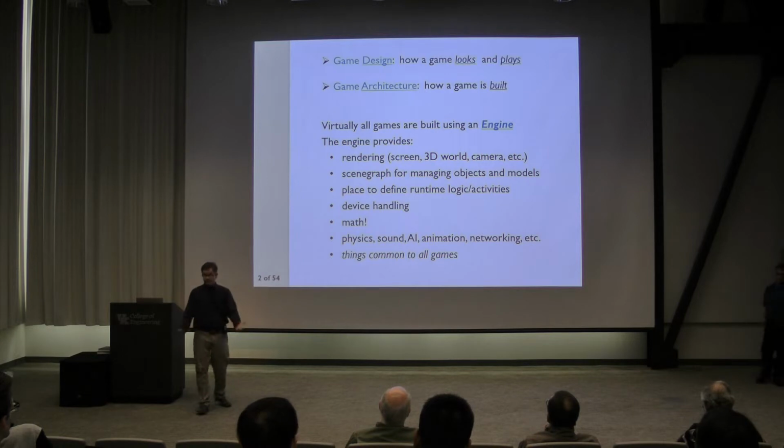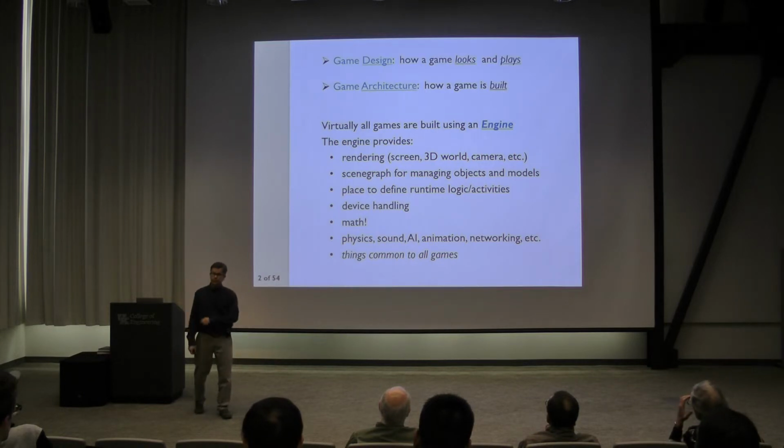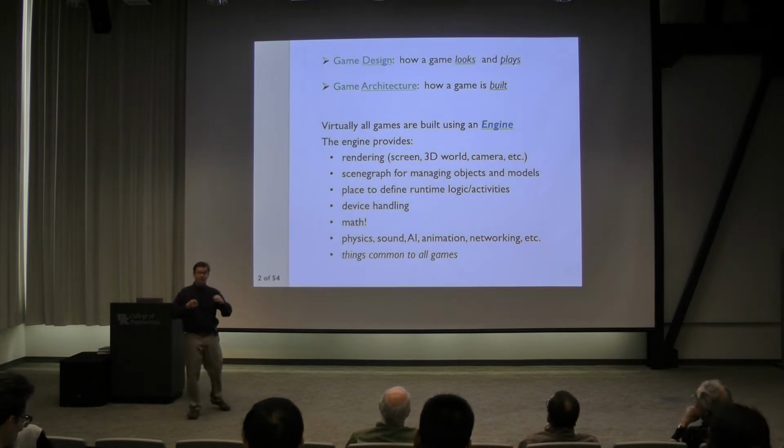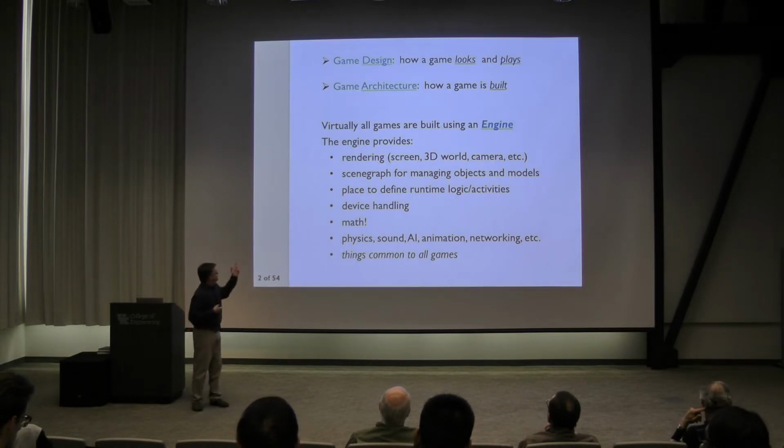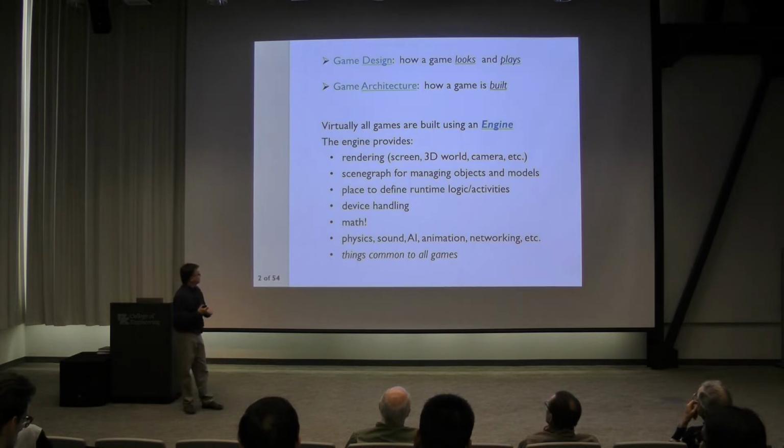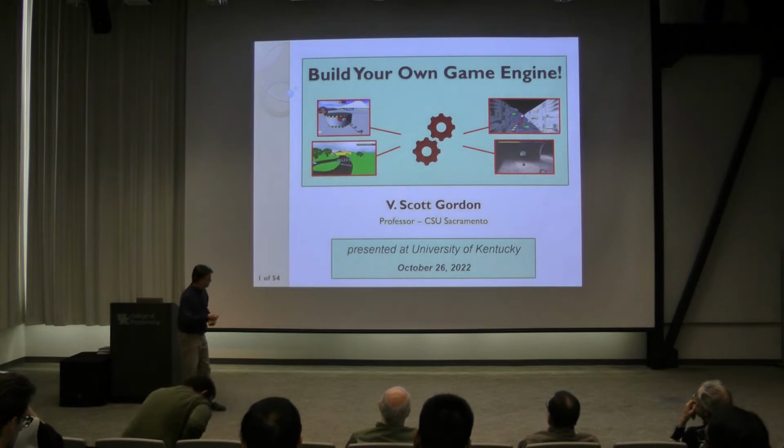These days, very rarely is a game built from scratch. They're all built on top of an engine. So what is the purpose of the engine? It's to provide all of the things common to all games and to make it as easy as possible for the game designer and game programmer to implement the game that they have in mind. So things like 3D rendering, managing the objects and models that make up the game, logic activities, game devices.